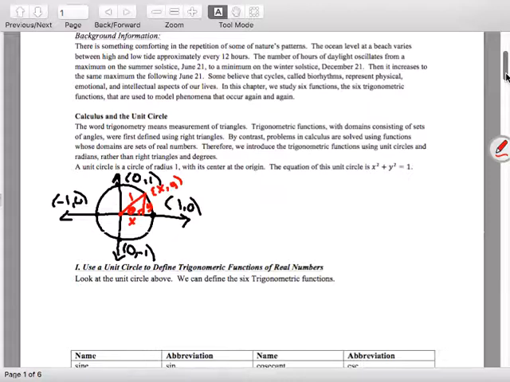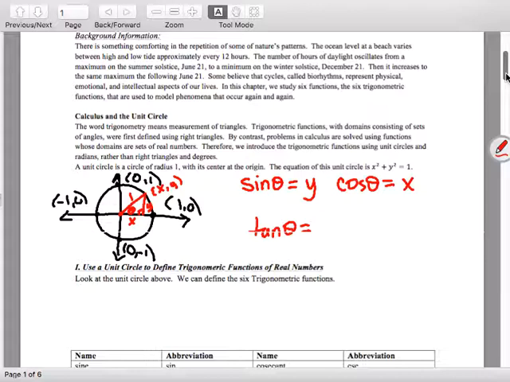What I want you to notice is that if I do SOHCAHTOA, sine of theta is y over 1, which is y. Cosine theta in SOHCAHTOA is x over 1, which reduces to just x. Then watch this.